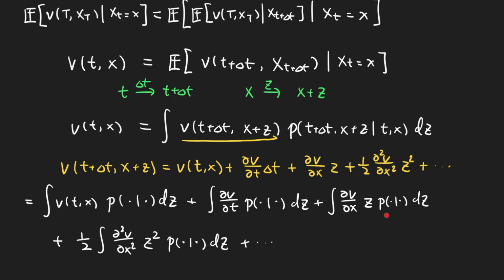Now these integrals look very familiar, right? We have seen this many times throughout the series. They are just the moments of the random variable z, the jump of the position.